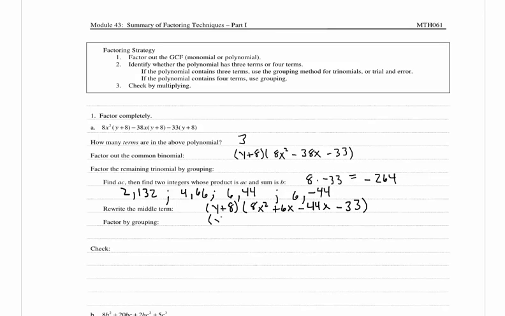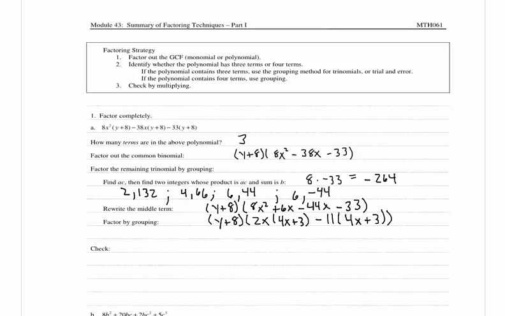So we have y plus 8 times, if we factor a 2x out of the first 2 terms, we get 2x times 4x plus 3. And if I factor a negative 11 out of the last 2 terms, I'll have negative 11 times 4x plus 3.